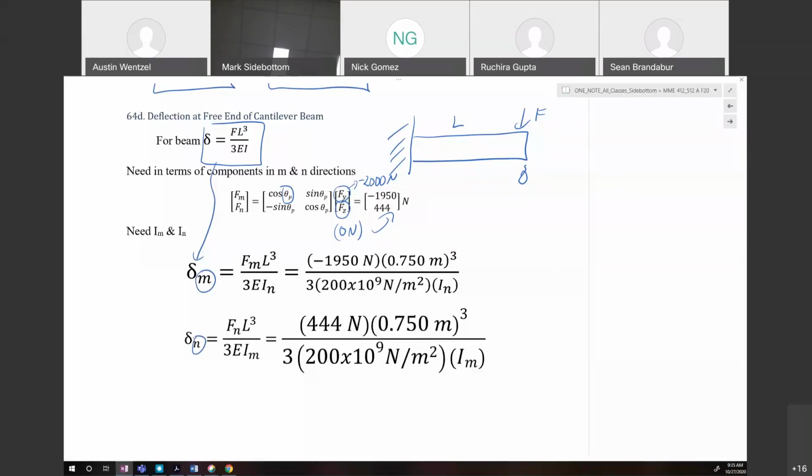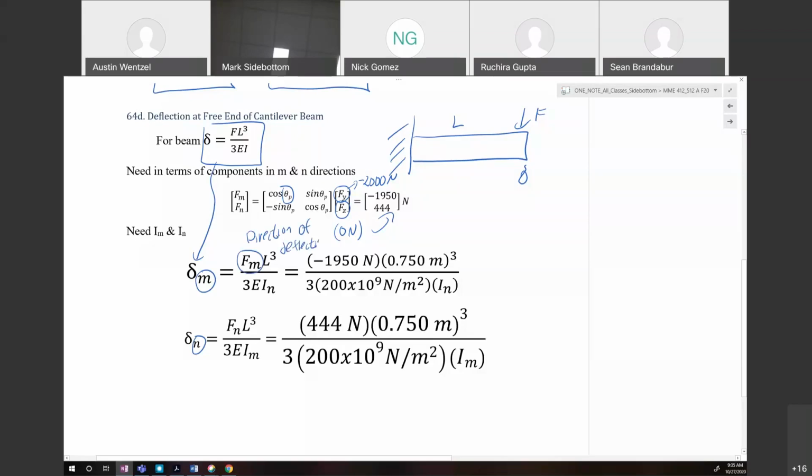One thing I'd like to note is that when you're using these equations, make sure that you use the correct moments of inertia and the forces. The force should always be in the direction of the deflection.